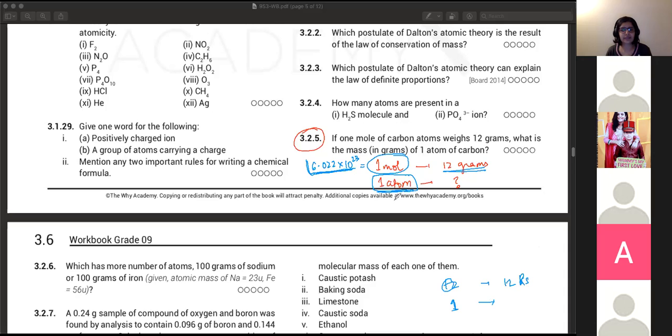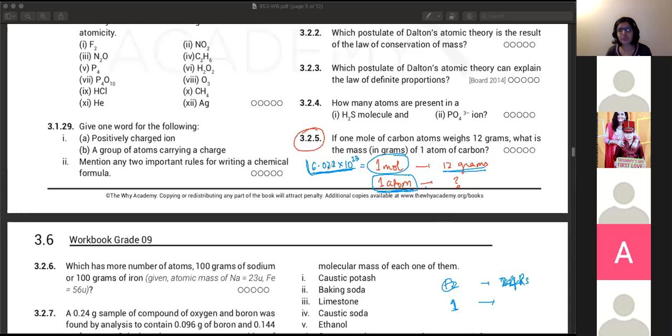So what will you divide? 6.022 into 10 raised to the power of 23 divided by 12? No, Tashvi, it's the other way around. If 12 oranges cost 24 rupees, will you divide 12 by 24 or 24 by 12? 24 by 12. So the same logic here also.